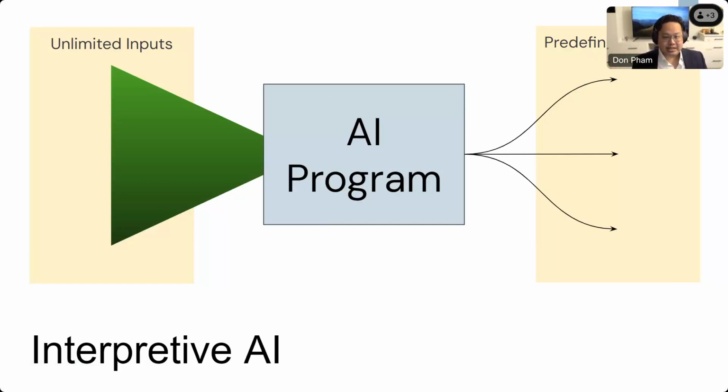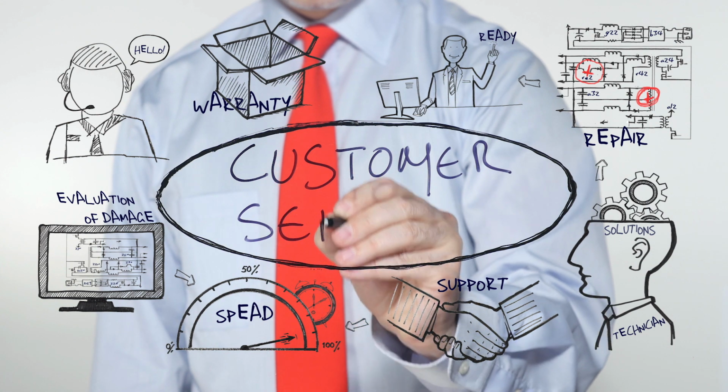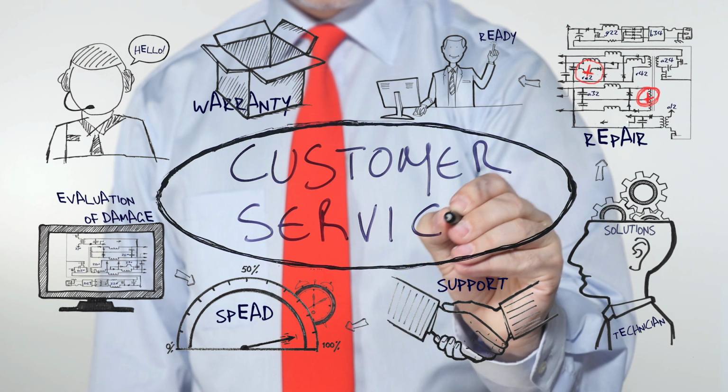The idea is to take undetermined inputs, where they have no idea what you're going to give it, and try to interpret what is being said, because often it's just plain English. But on the back end, once it's interpreted what it needs to, it still has predefined responses. Your call management system is still going to route it to a specific department or serve a specific function, even if what you gave was an undefined input.